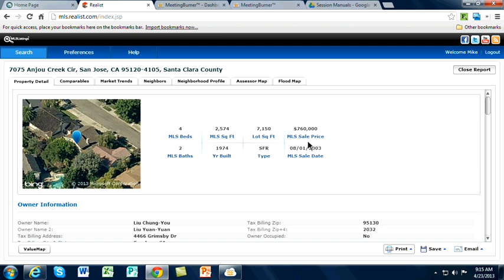Now, usually, not always, but often when you see bedrooms that are not in the records and stories that are not in the records, it means they did it without the benefit of permits. There may just be a mistake made by the county recorders, but if they say they have 4 bedrooms, but this shows 3 bedrooms, chances are they added a bedroom without permits.